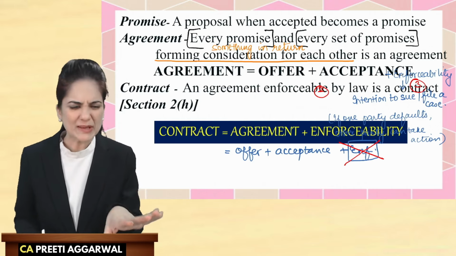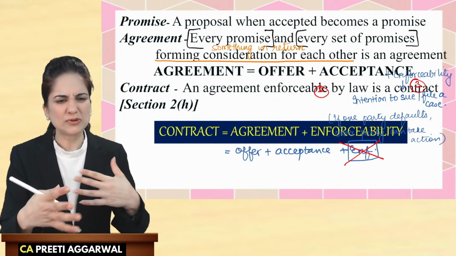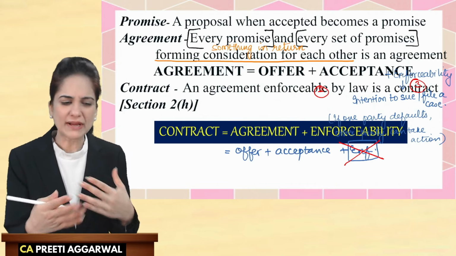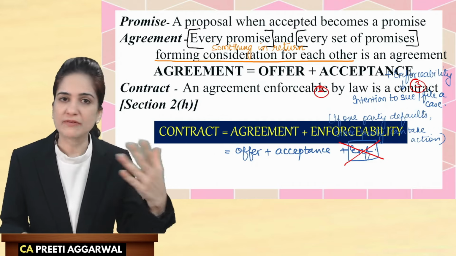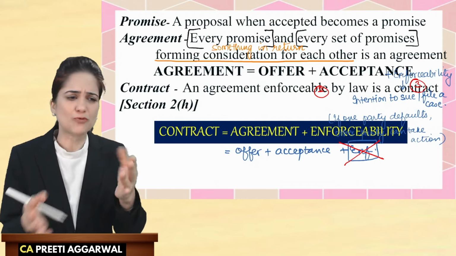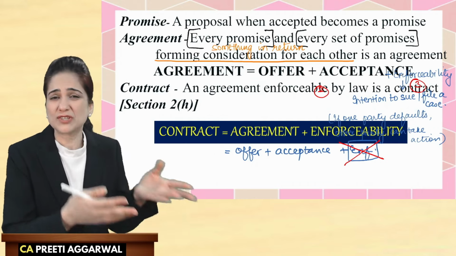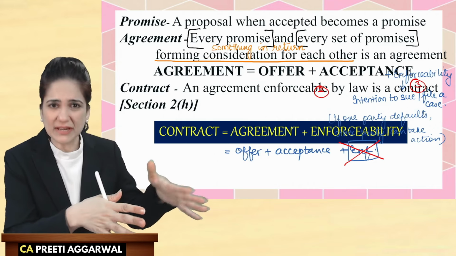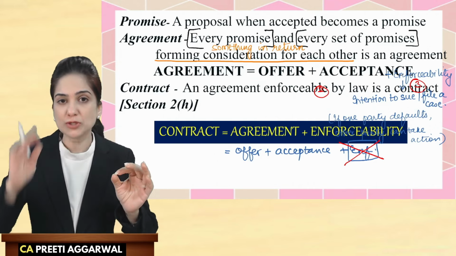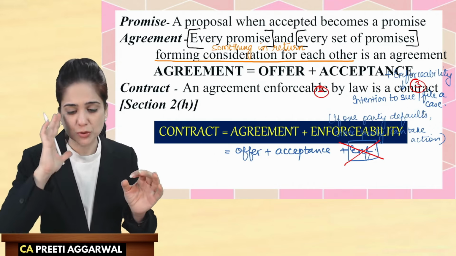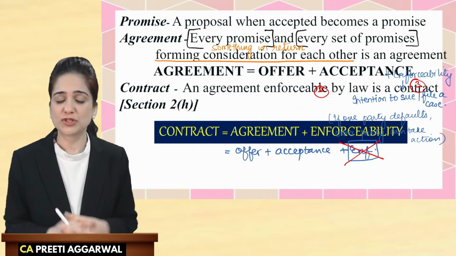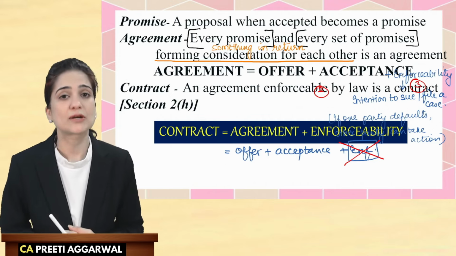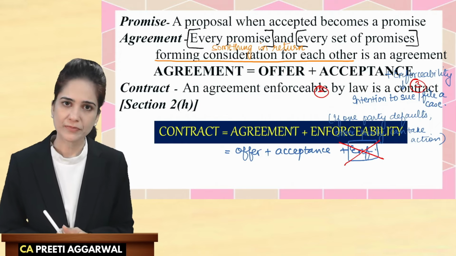So mere agreement is just like, two parties who are agreeing to do some things. But if one party defaults, other party will never be able to take action. So law says, what is it of any use to me? It is just an agreement. You both settle it. But only when I show intention to sue, when I show intention to file a case, then it becomes a contract which is legally enforceable. It has a good standing in the eyes of law.